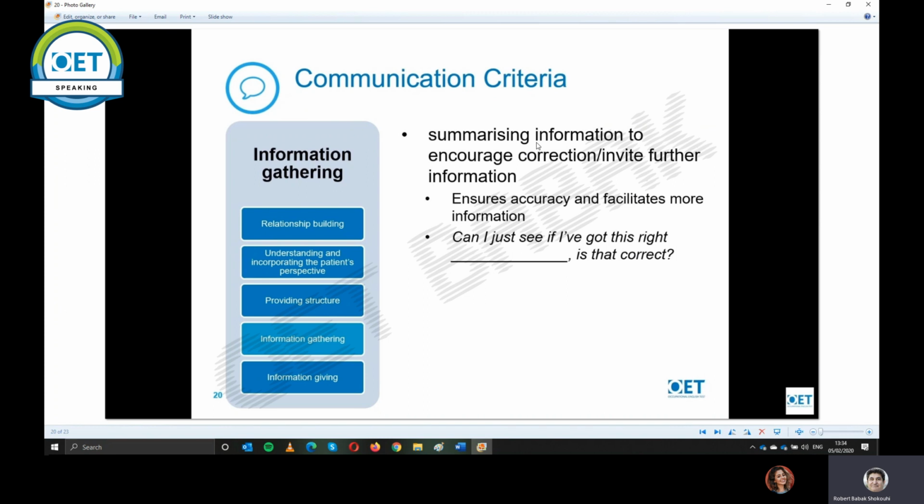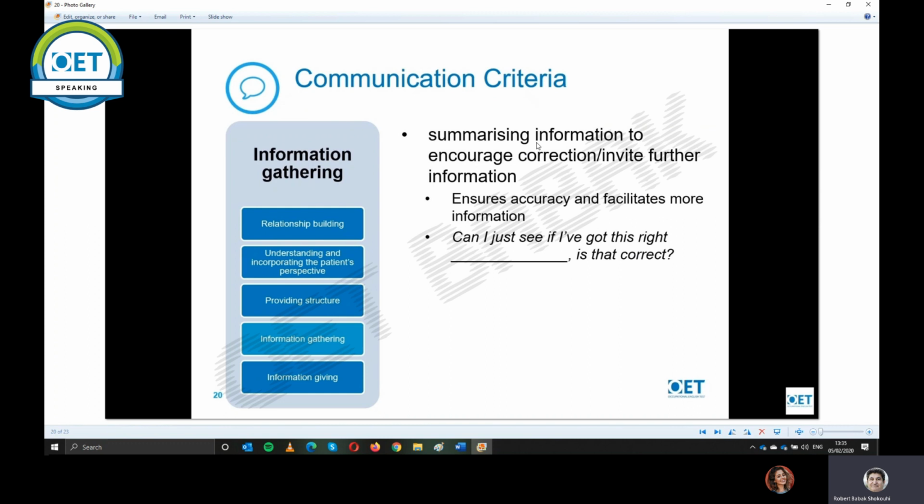So when you summarize, you buy yourself some time. Also, you give the patient the opportunity to give you more information or to correct you if you have made a mistake. It also tells the patient and the examiner that you have been listening attentively, so it serves a lot of purposes.